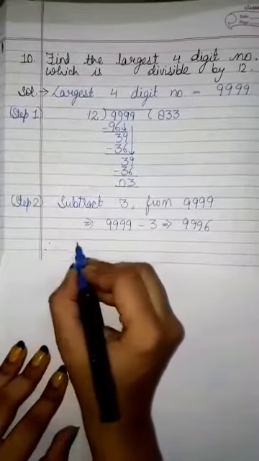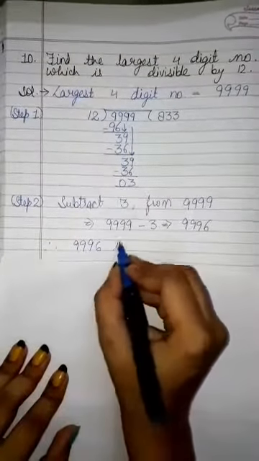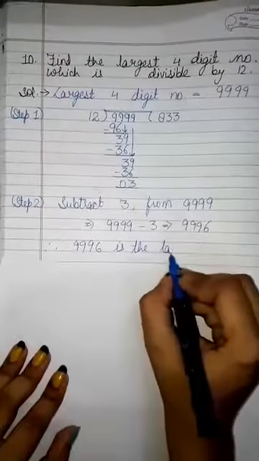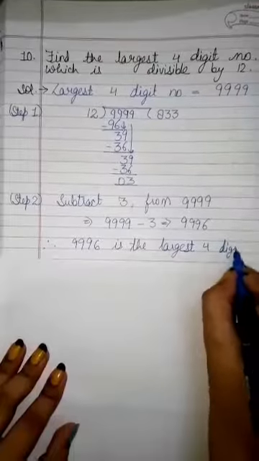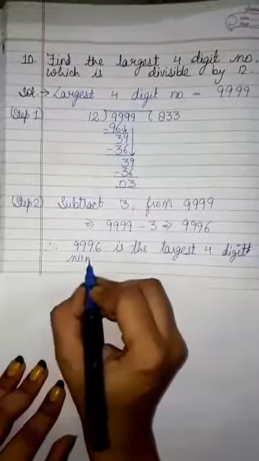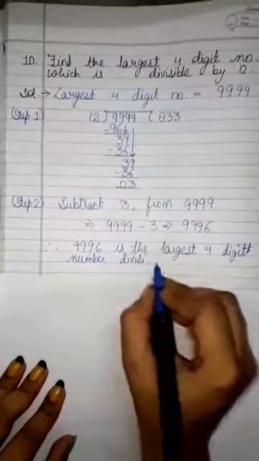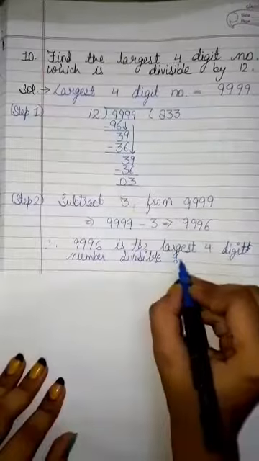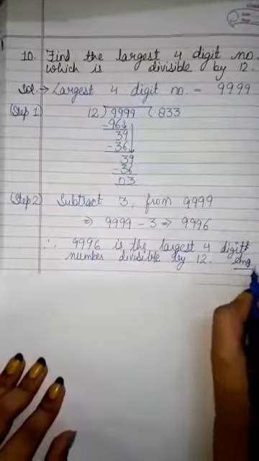So therefore 9996 is the largest 4-digit number divisible by 12. This is our answer.